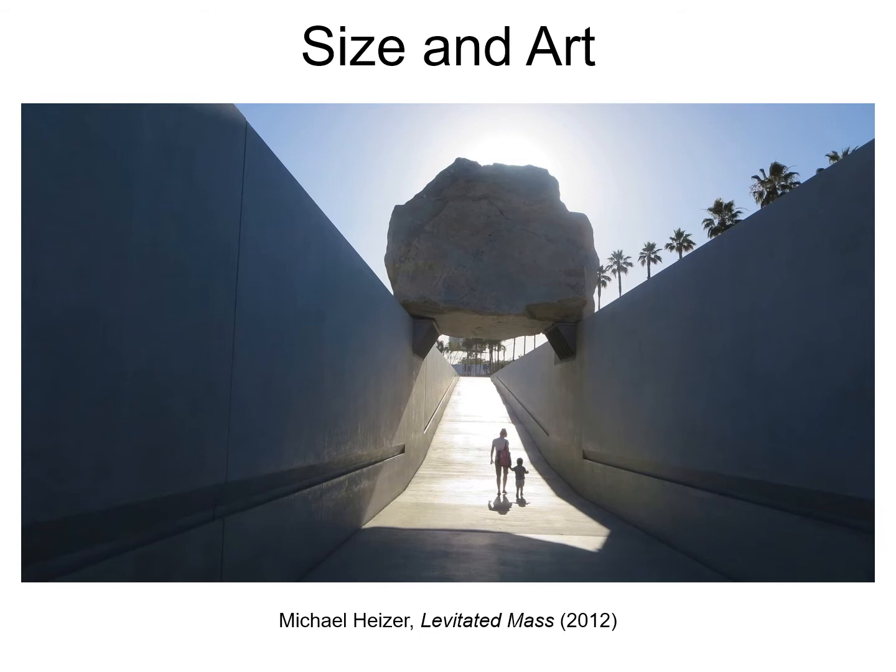Michael Heizer is a land artist, and his work tends to investigate the relationship of humans to the landscape and to natural features. So this is certainly a combination of a natural feature, a huge rock, and it's suspended over a man-made concrete channel, and you're able to walk underneath it, stand underneath it, which is a fairly daunting proposition in earthquake country, because who in their right mind wants to take their little kitty underneath a 340-ton piece of granite?